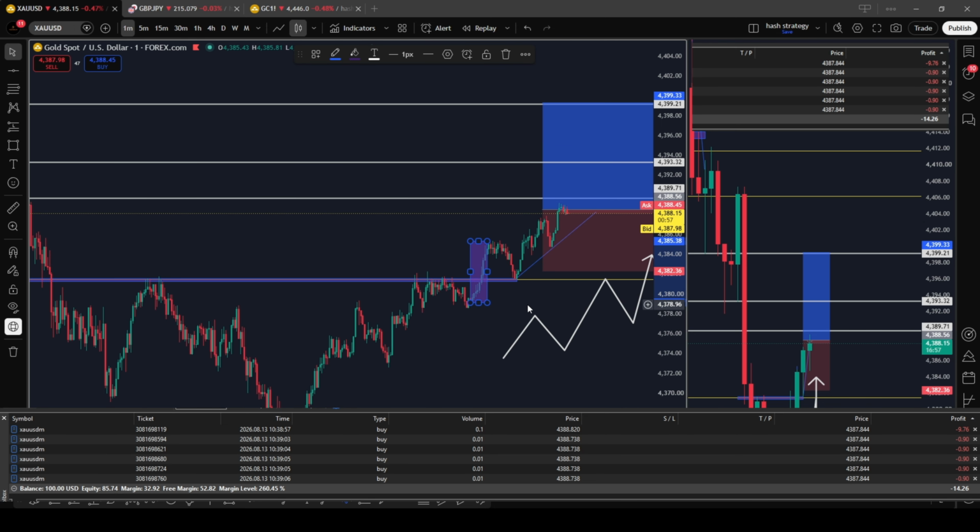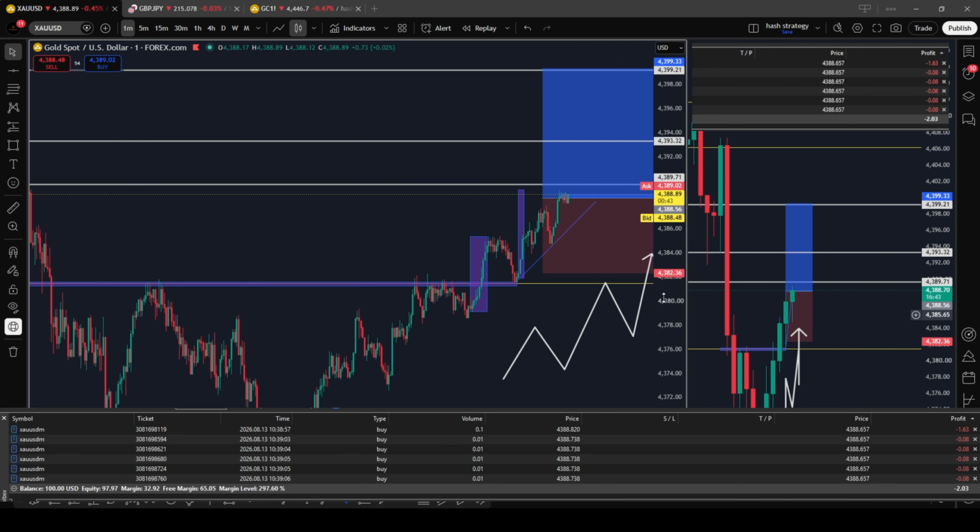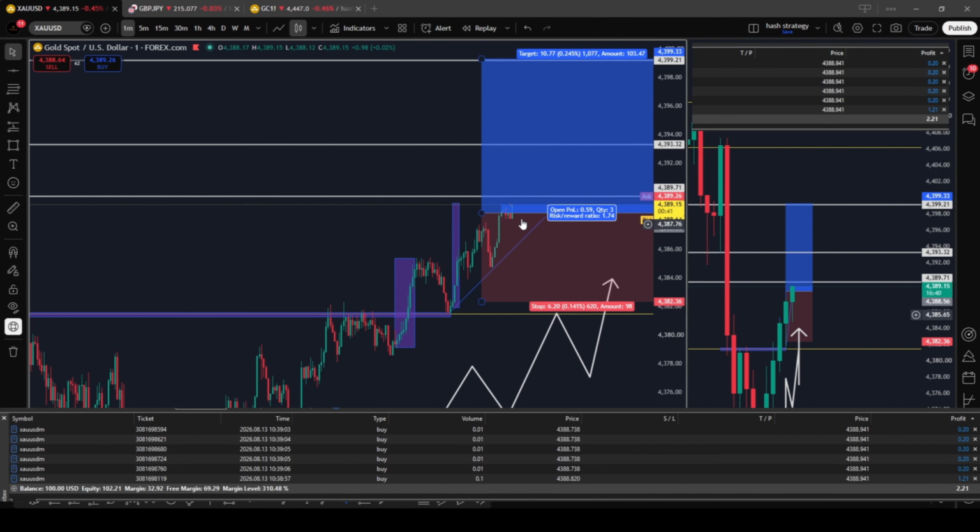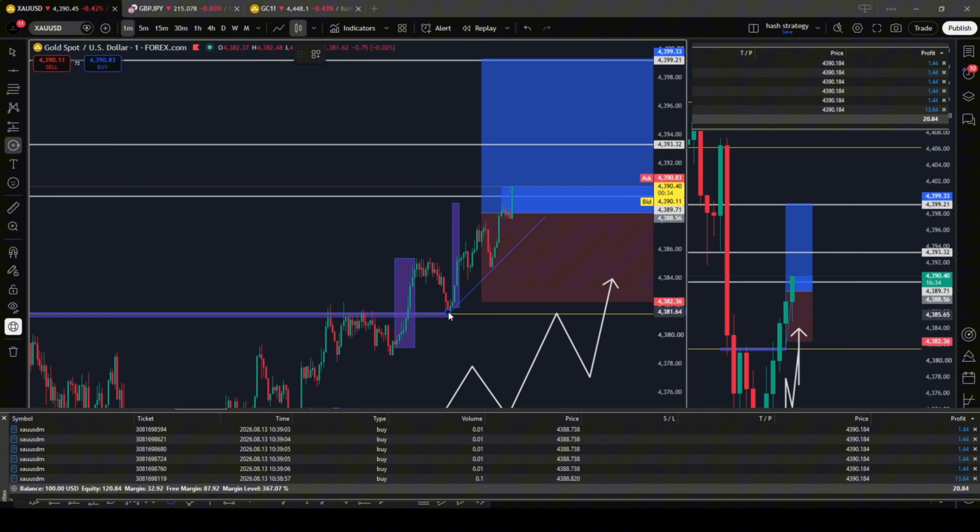Then the market pulled back downwards, creating a higher low, then gave us another impulse to the upside, creating another higher high. Here I drew my trend line, connecting these two higher lows, and that was our trend line.